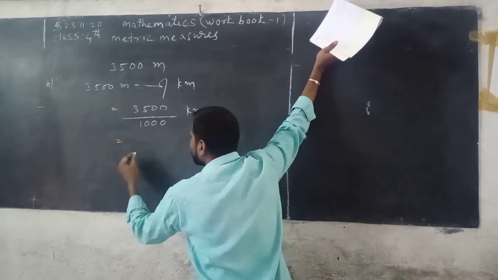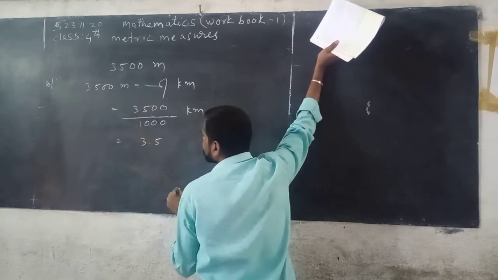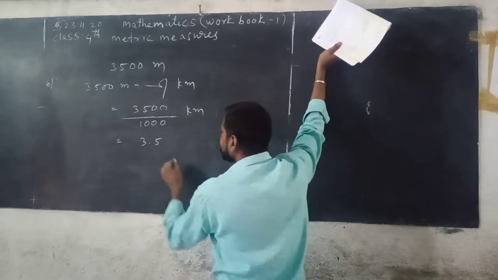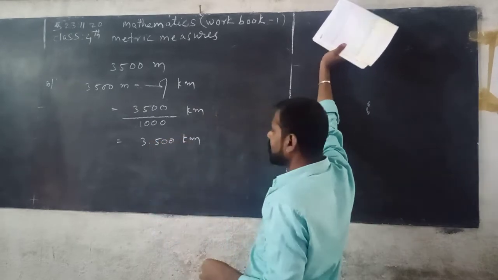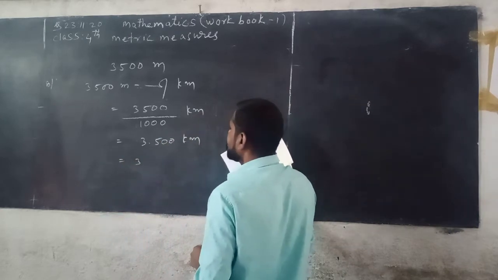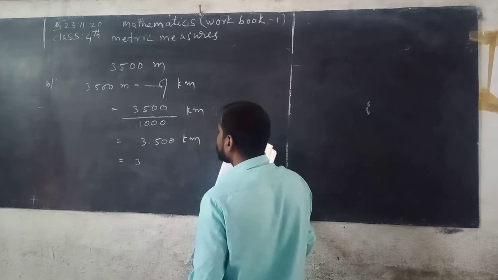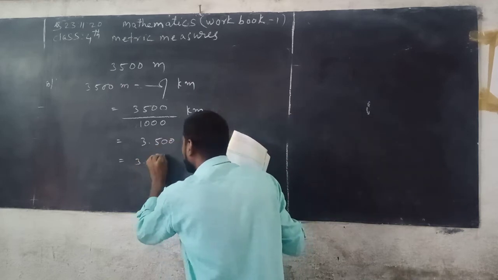Means you can write here 3.5, 3.500 kilometer. 3.5, after that you can write 2 zeros, means 3.5 kilometer.